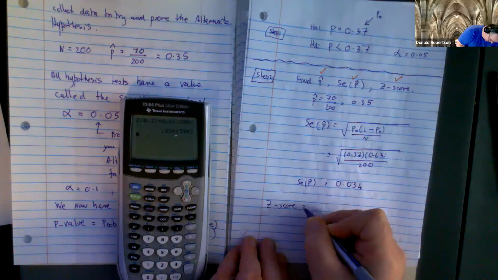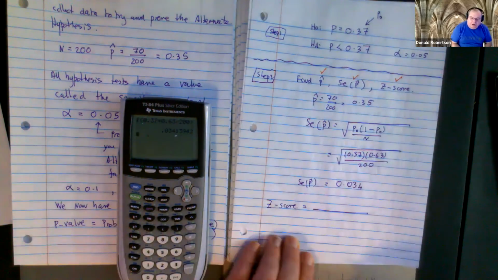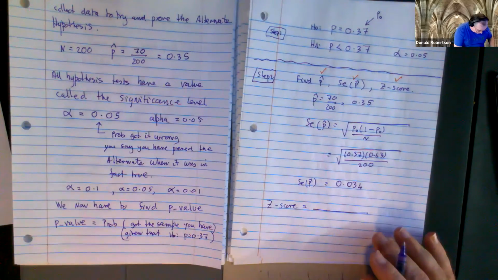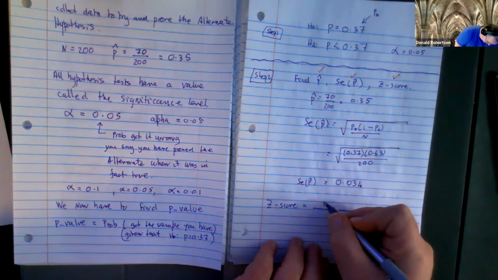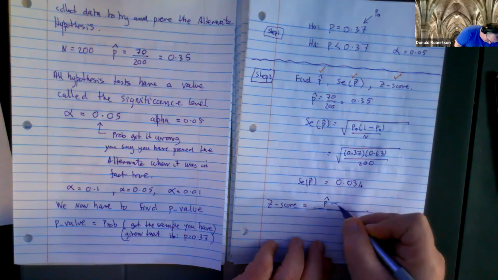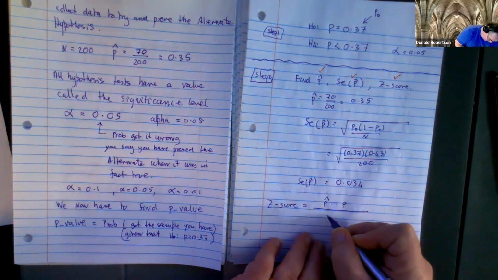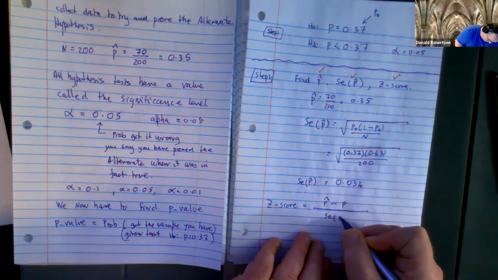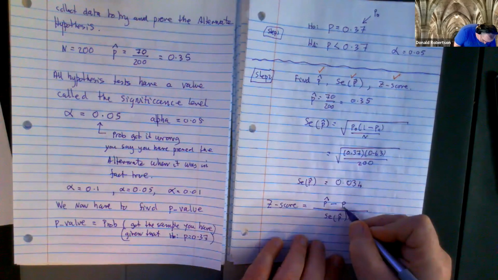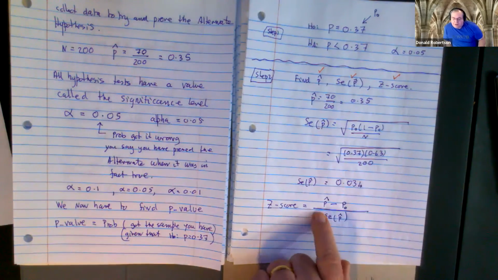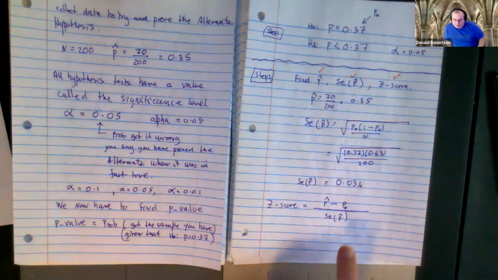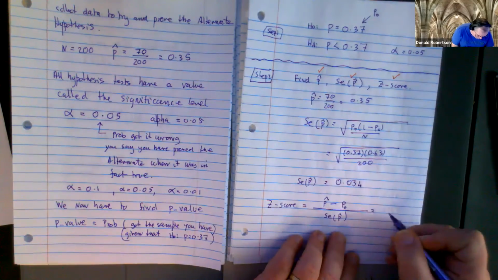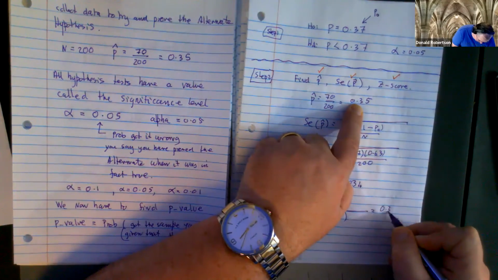The z-score will be found by using this formula. It's going to be the sample, take away this guy, divided by the standard error. Our sample is 0.35.